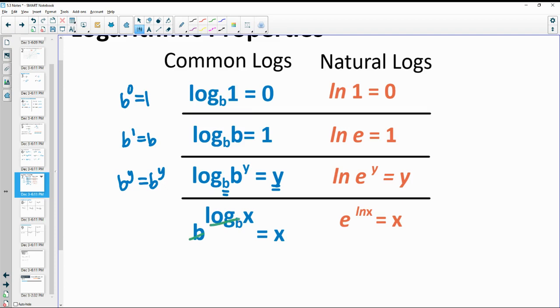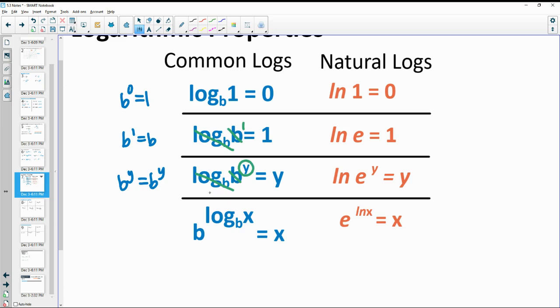So like this b and this log base b are going to cancel, and it's going to give you back the x. Okay, or right here, your log base b and your base b are going to cancel and kick back that exponent, which is also what's happening here, log base b of b.